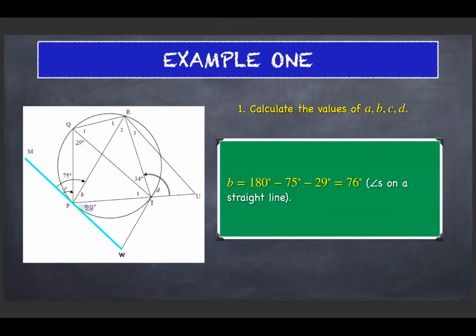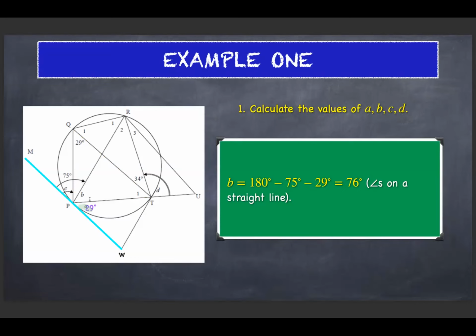So now if we want to calculate the value of B, we've got that this whole angle here is 75 degrees. That's given in the question. And then we have that this is equal to 29 degrees, which we just worked out. So it's quite simple to work out what B is.